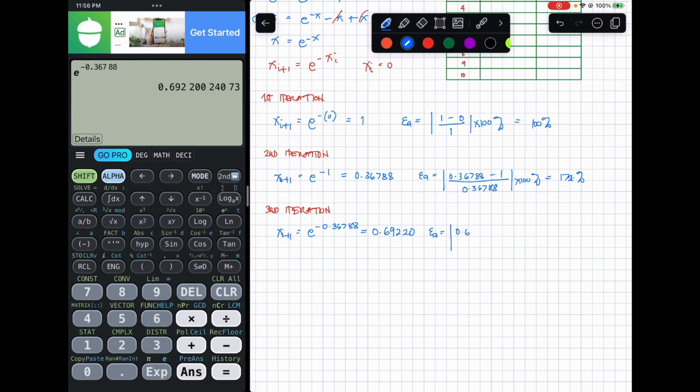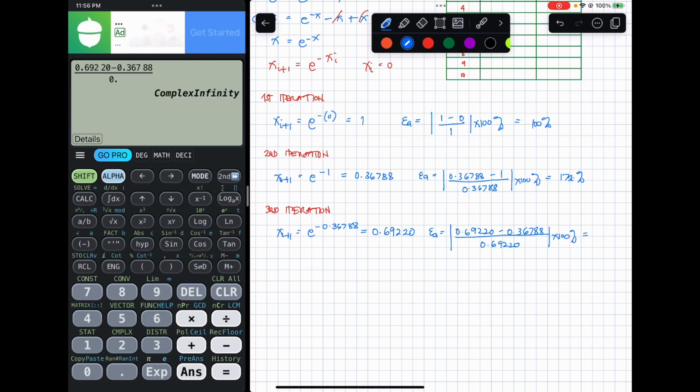So that is 0.69220 minus 0.36788, divided by 0.69220, times 100%.